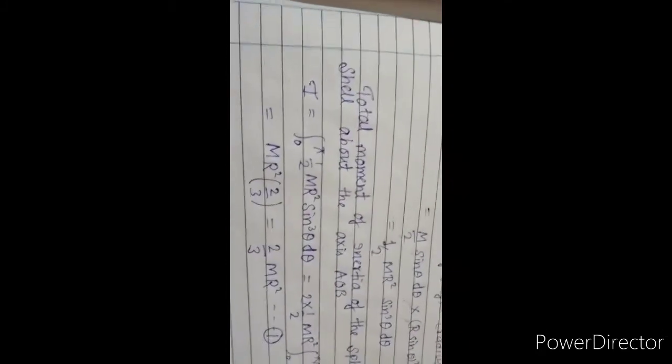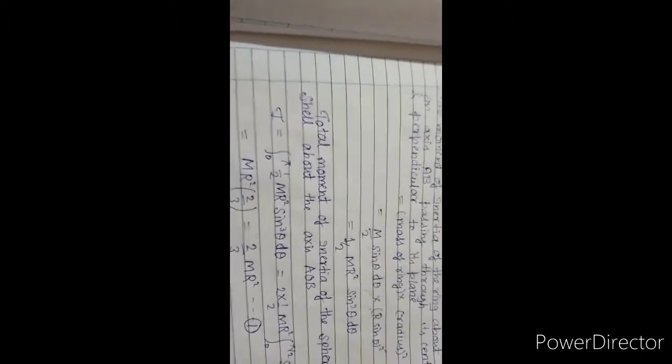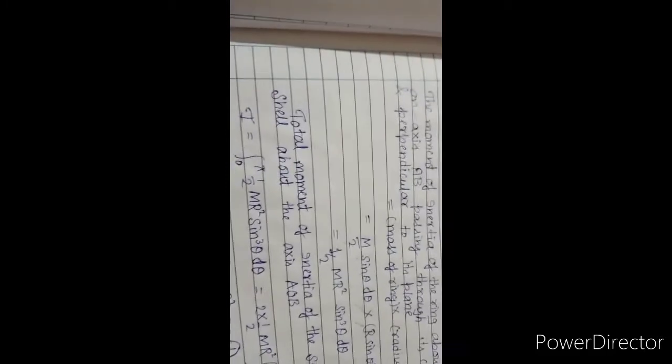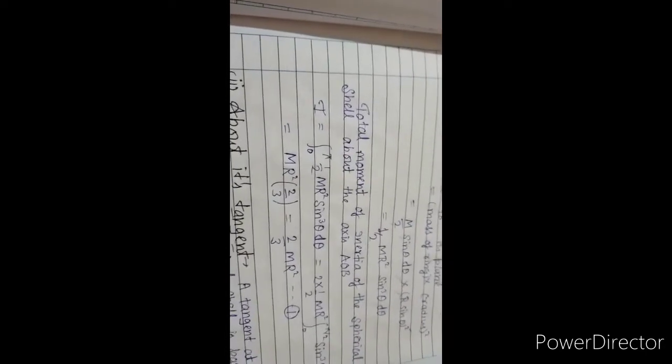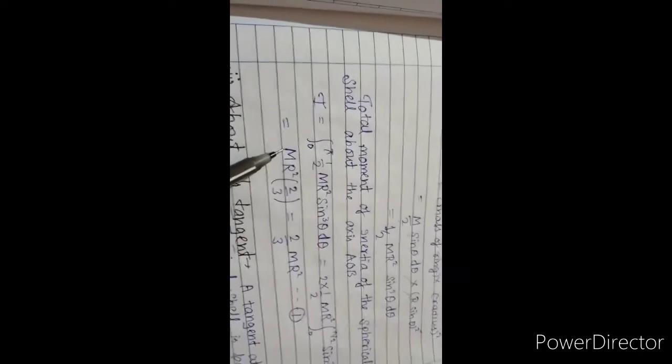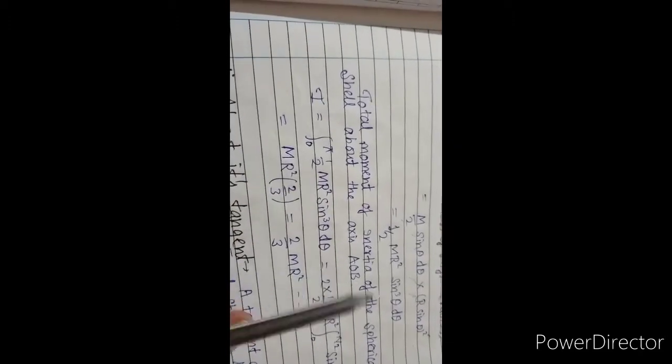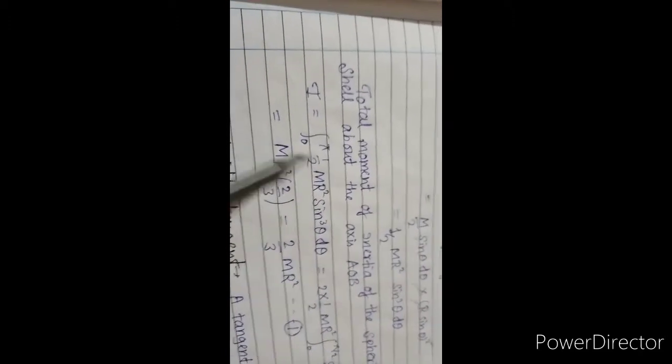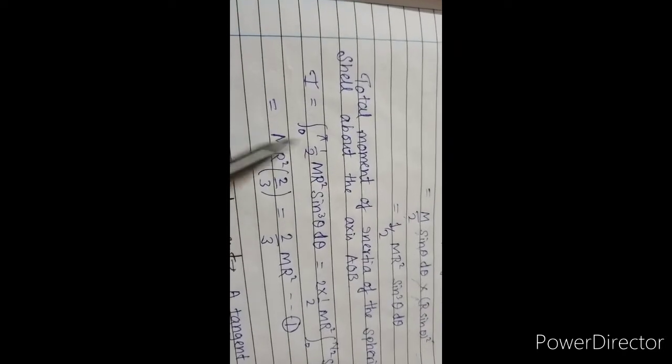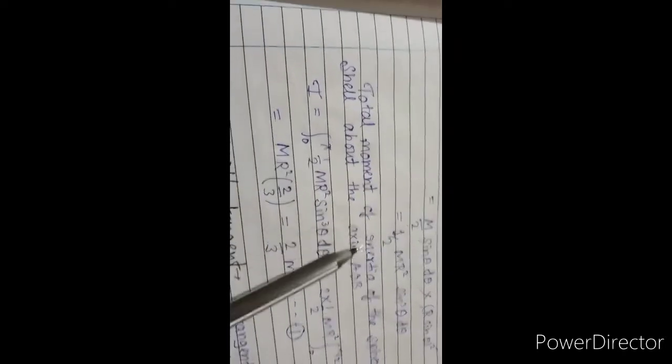As you can see, if you look at the diameter AOB, there are 3 points A, O and B, so it creates an angle of 180 degrees. So we will put the limit from 0 to 180 degrees, 0 to pi.